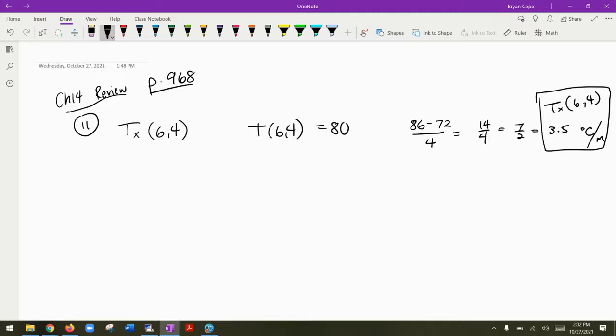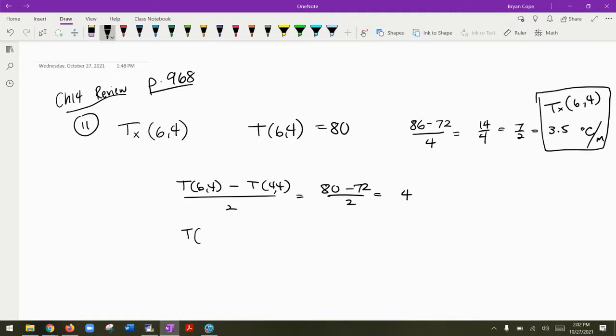But that's actually the way the solution manual does it. They say, let's find T of 6,4 minus T of 4,4 all over 2. And let me show you what this is. This is 80 minus 72 over 2, which is 4. And then they do it again, not the other direction, but further.